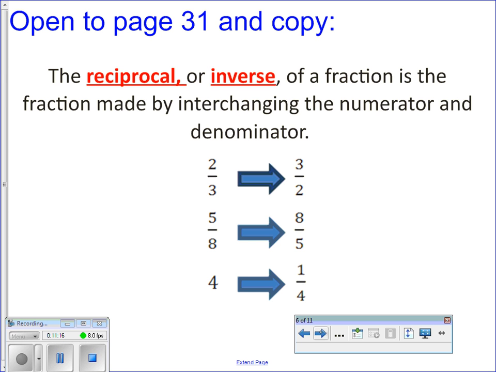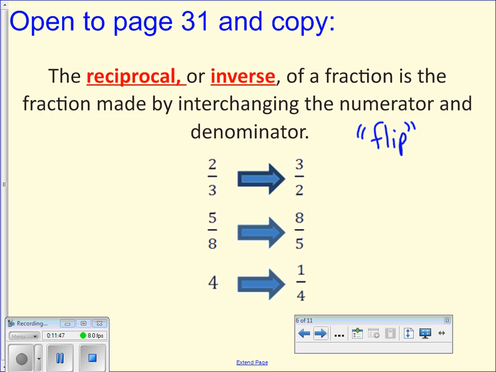So on the bottom of page 31, if you have room, if you don't have room on 31, you can turn to page 33, and I want you to copy the definition of reciprocal, which is also called the inverse. So the reciprocal or inverse of a fraction is the fraction made by interchanging the numerator and denominator, or as you young kids used to call it, flip. Good.